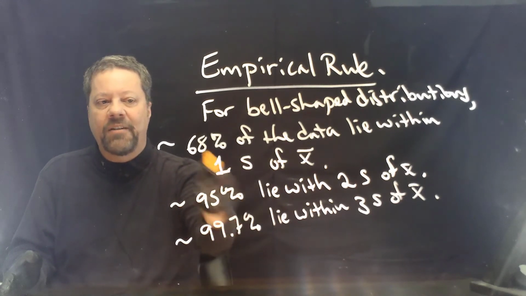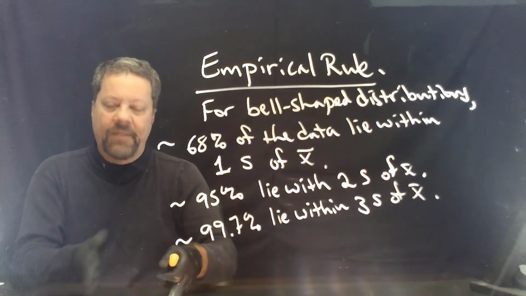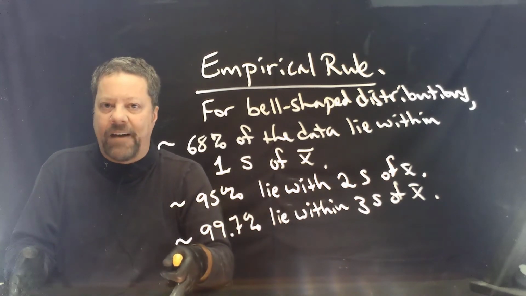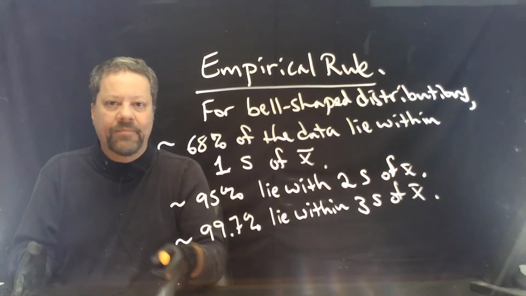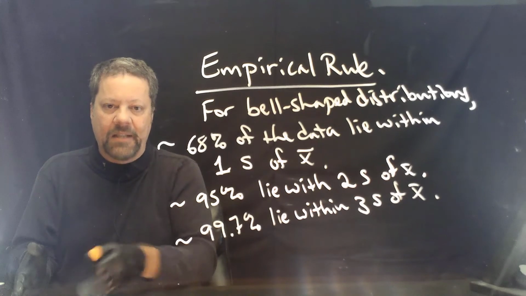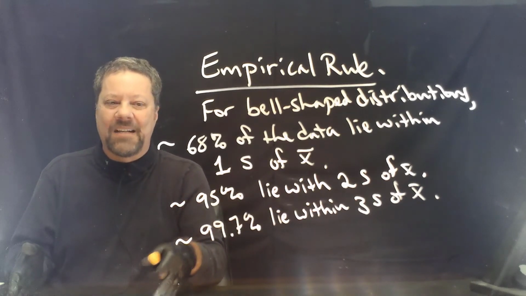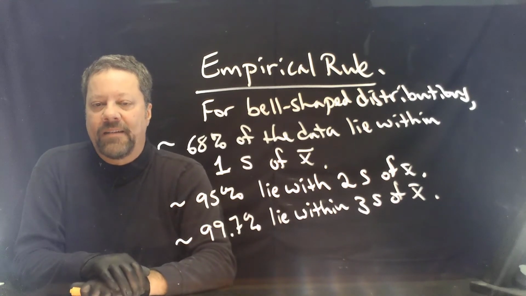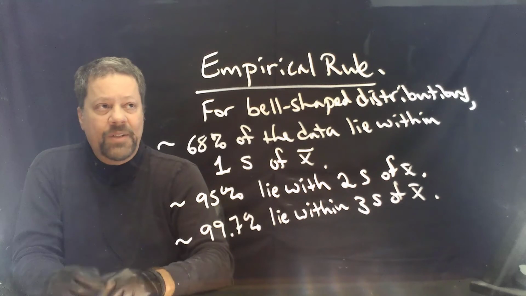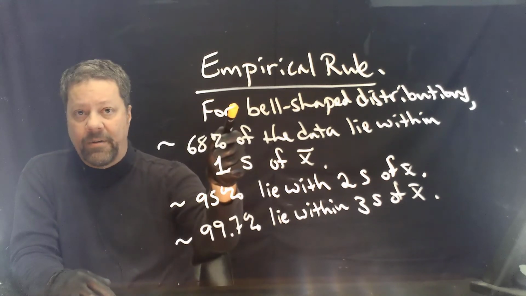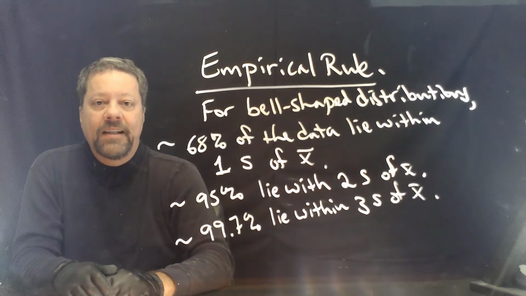One standard deviation of the mean, 68%. 2 standard deviations of the mean, 2 this way, 2 this way. 95% of the data are going to lie in that interval 4 standard deviations wide centered at the mean. 3 standard deviations this way, 3 this way. 99.7% of the data will lie within that interval. This principle is called the empirical rule. We will refer to this rule very often in the remainder of the course.